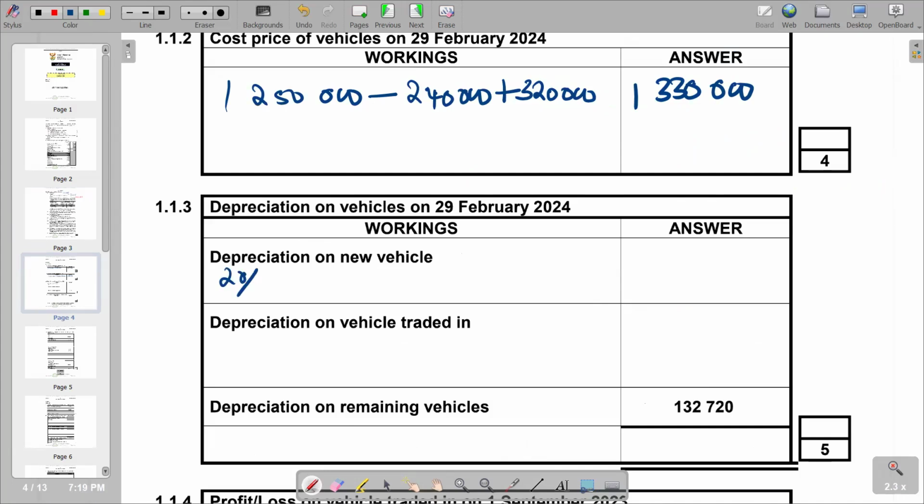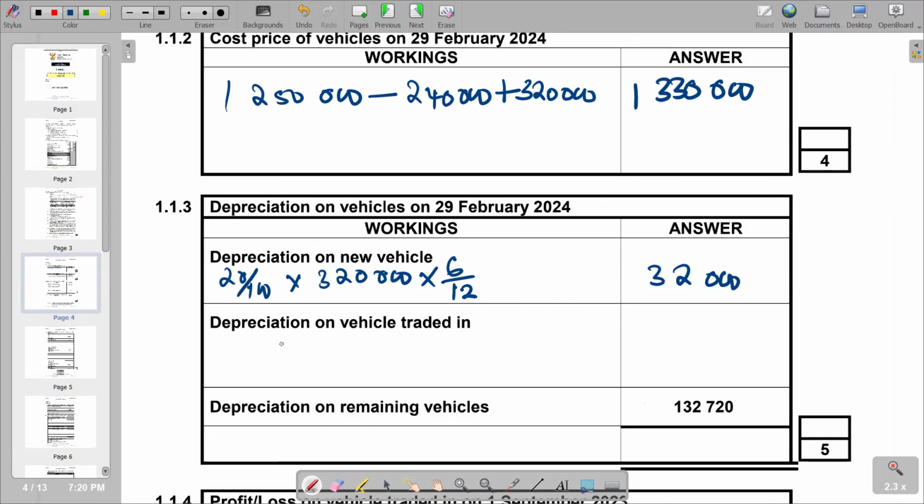Remember, we make a proportion of 6 months as indicated. So we calculate it like that. We see that the answer that we are going to get is 32,000. So we have 32,000. So this is our tree for that part.